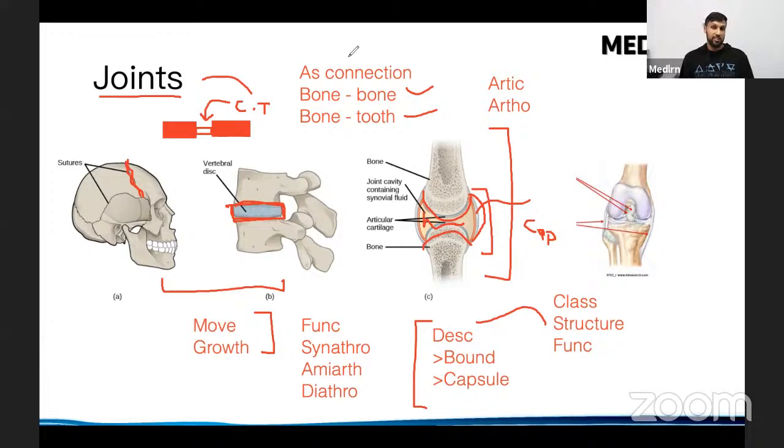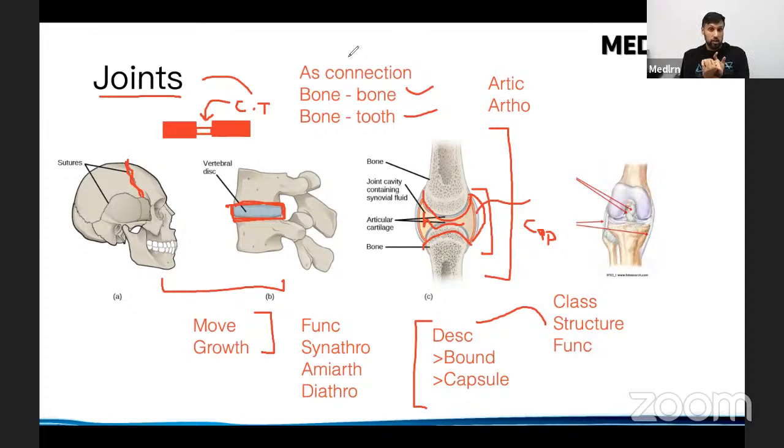So before you go away, think about what I've explained. What are joints? Joints are essentially connections. There are different types. We can classify them based on structure or based on function. A synarthrosis is a functional classification of a joint where there is no movement. An amphiarthrosis is a functional classification where there is very, very little movement.